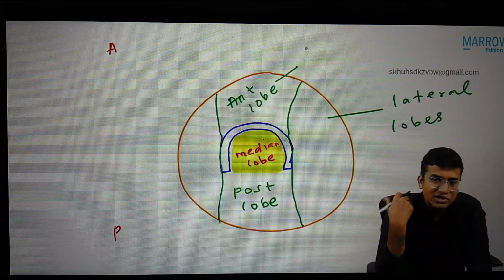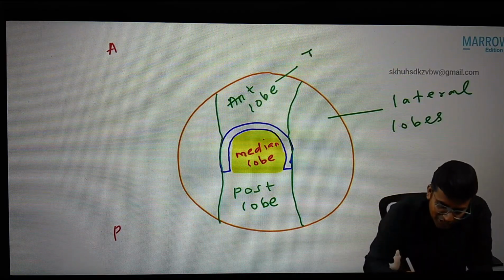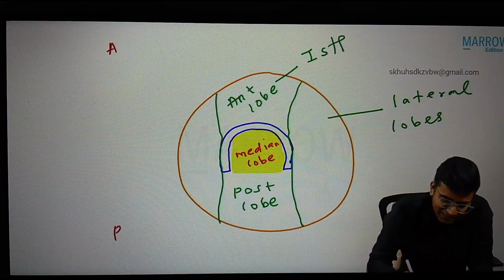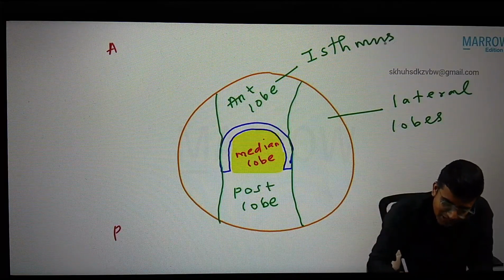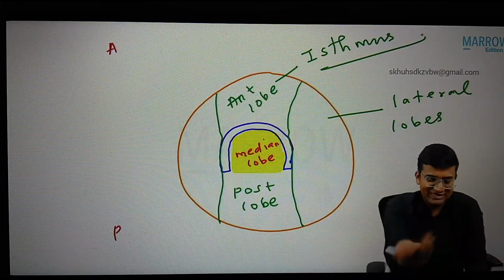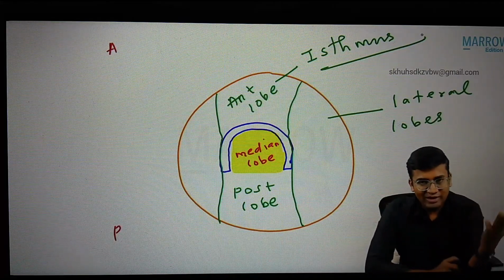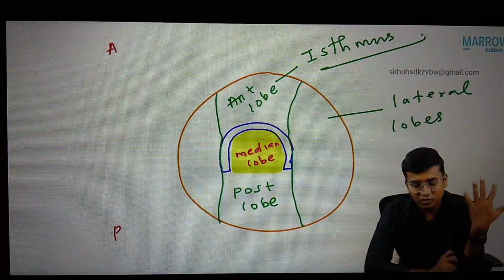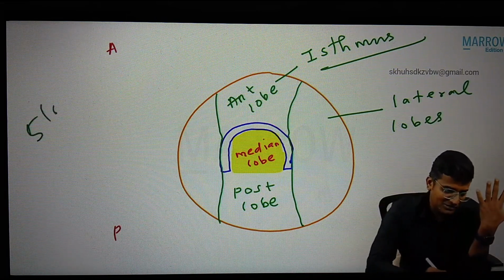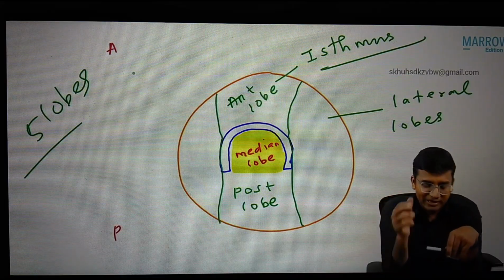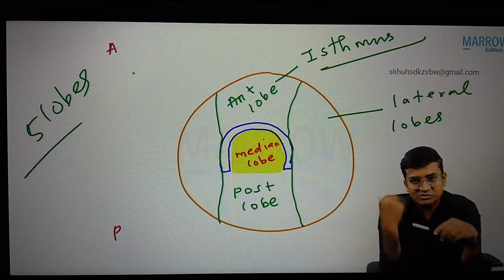It just simply connects the 2 lateral lobes, and that part is called the isthmus. So totally we have the anterior lobe, 2 lateral lobes, 1 posterior lobe, and 1 median lobe. Totally 5 lobes are present. Out of the 5 lobes, the anterior lobe does not contain any glandular part, so the anterior lobe is also called the isthmus.